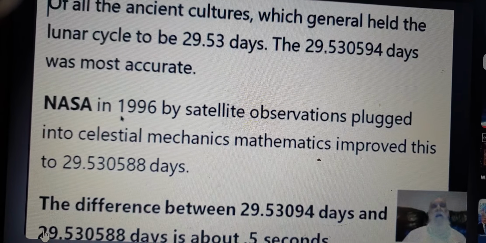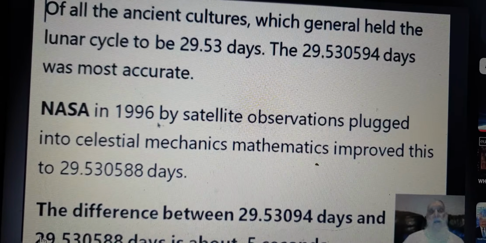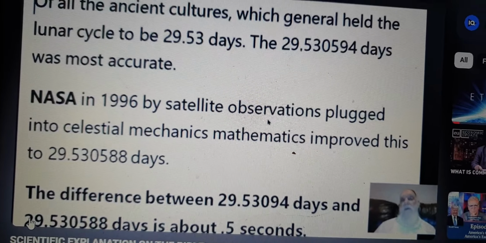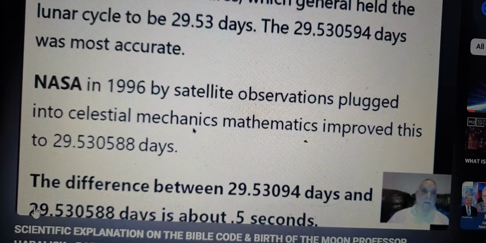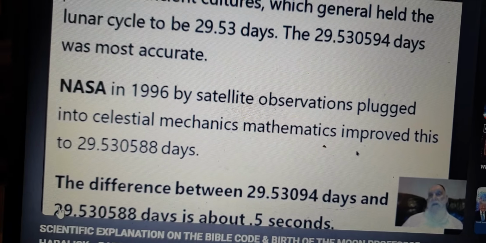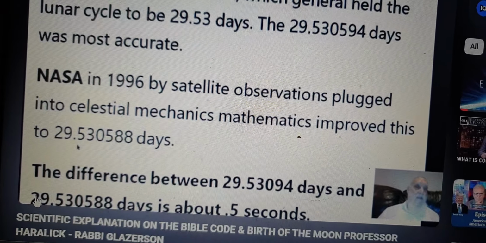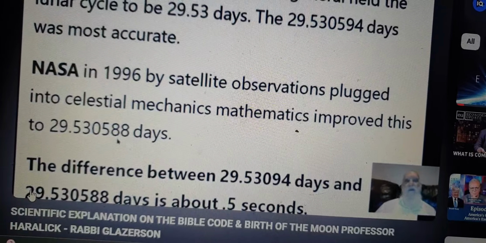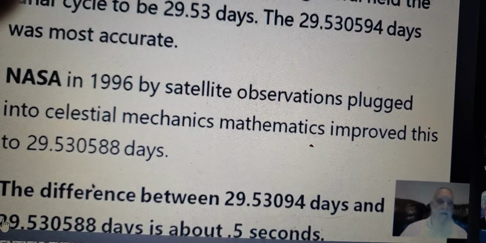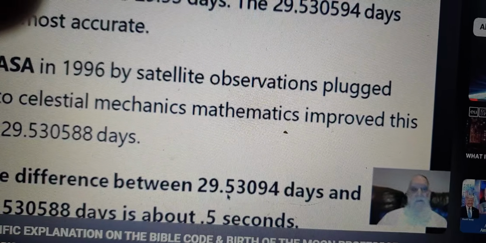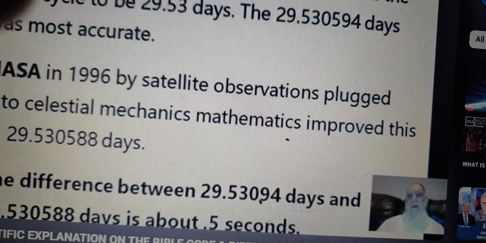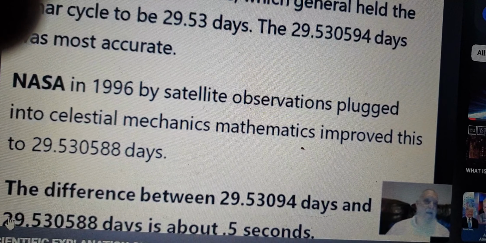NASA in 1996, by satellite observation plugged into celestial mechanics mathematics, improves this to 29.530588 days. So the difference between 29.530594 days and 29.530588 days is about 5 seconds.